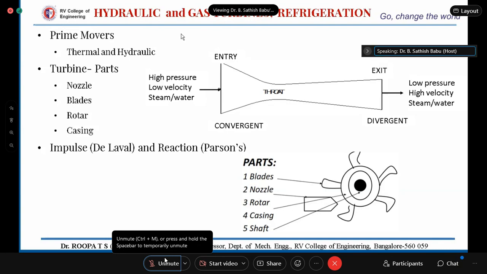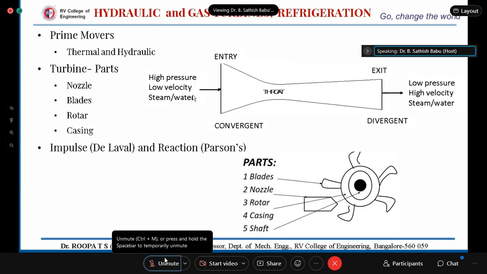So I have a large area at the inlet, which diminishes as it reaches the throat. Then from the throat till the exit, we say it is the divergent area, meaning it is opening up, the cross sectional area is increasing. This is the structure of the nozzle. When we pass the steam or water at the inlet, it will have very high pressure and low velocity.